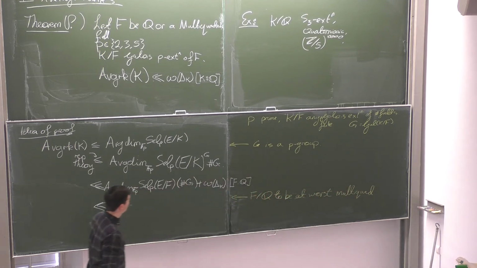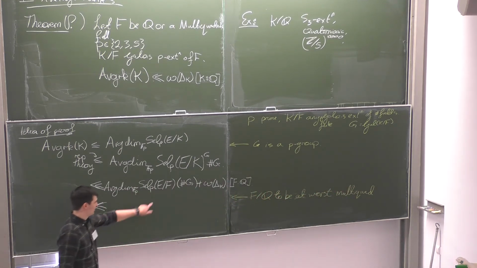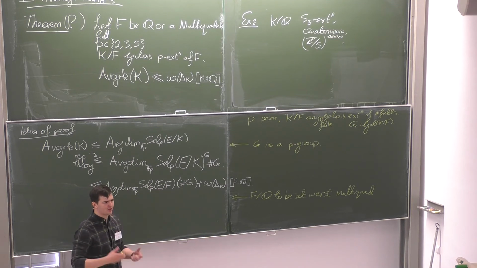And in particular, the elliptic curve over F, well, this kind of starts to look a lot like the product of some quadratic twists of elliptic curves.